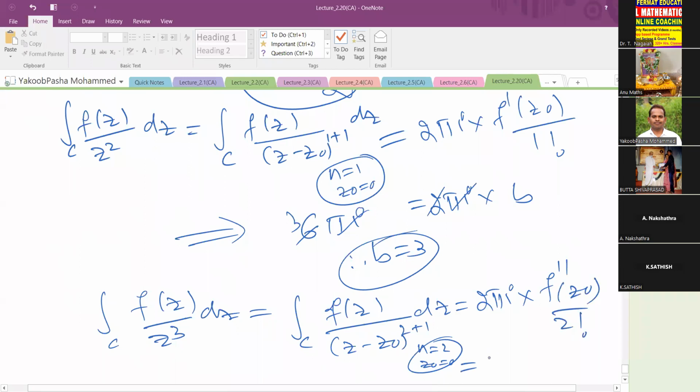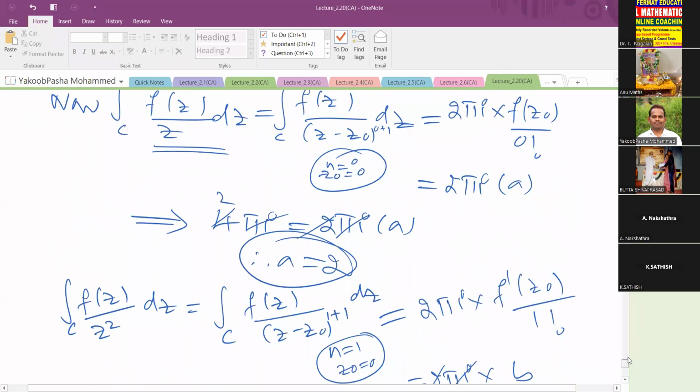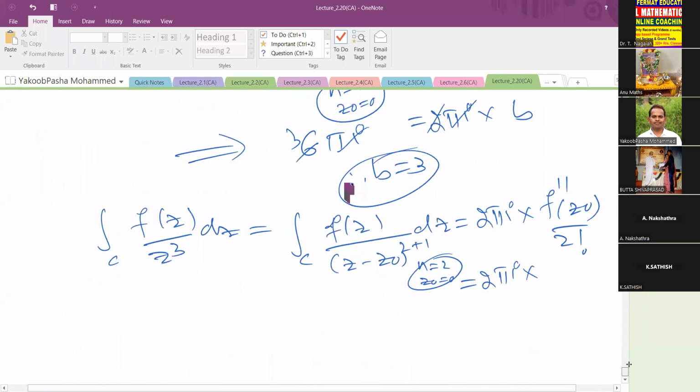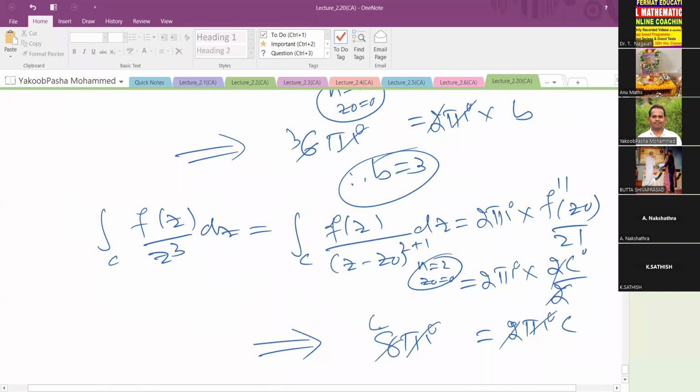The second derivative at Z naught is 2c, so 2c divided by 2 factorial is c. That is equal to 2 pi I c. The value of integral over C of f of Z by Z cube into dz is given as 8 pi I. Pi I will be cancelled, so c is equal to 4.